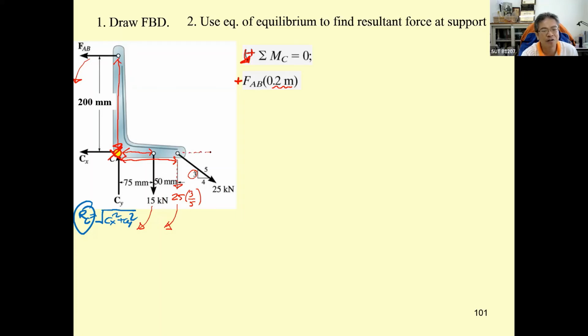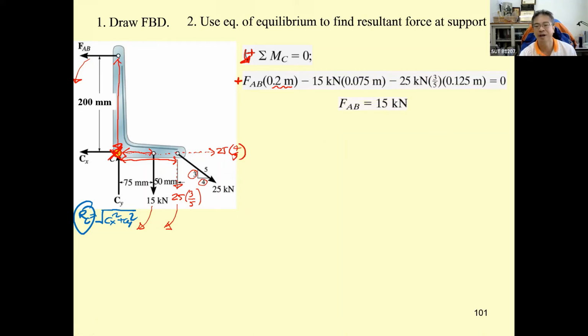And we also have this one 25 times 4/5. This produces no moment because the line of force cuts through point C. So you have this one and this one, and finally very carefully put everything into your calculator. You get F sub AB equal to 15 kilonewton.